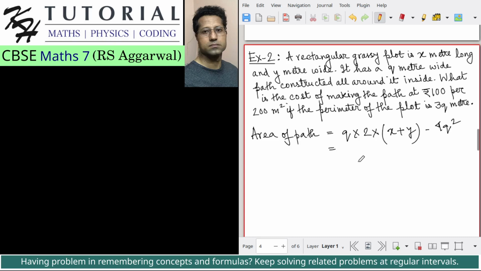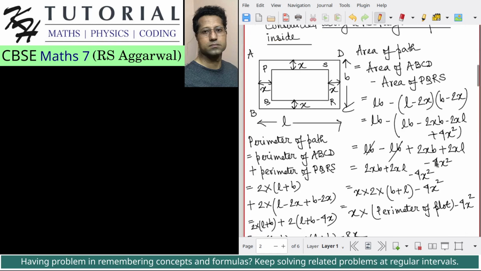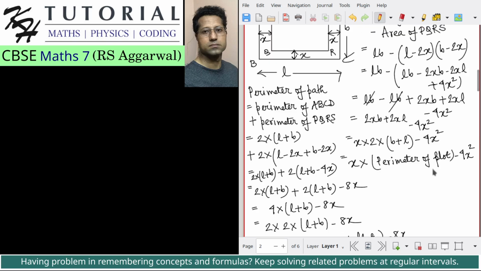Now we know that 2 into (x plus y) is the perimeter of the rectangular plot. So this will be equal to 3q meter, which is given. So this becomes 3q minus... the area of the path is x into perimeter of the plot.